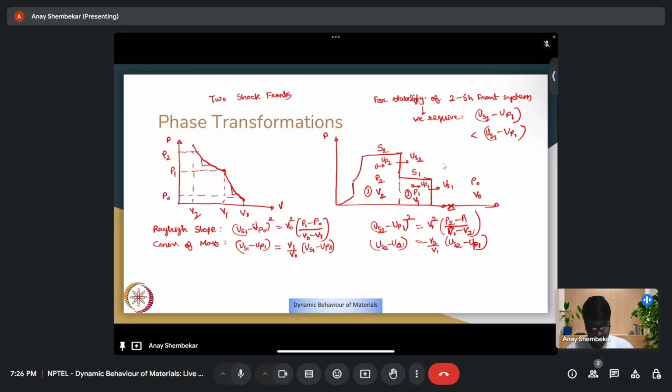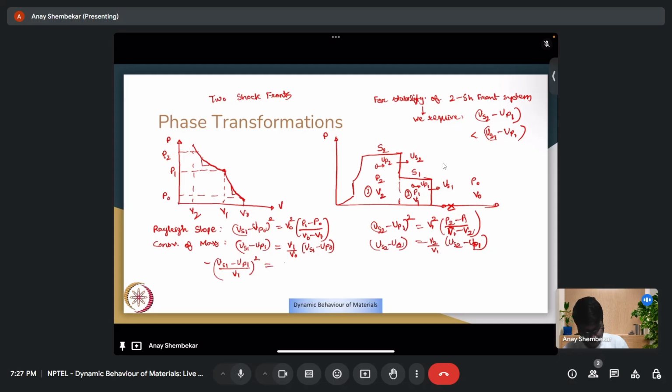And if you combine these equations, the Rayleigh slope equation and the conservation of mass equation, what we see is minus US1 minus UP1 by V1 whole square.